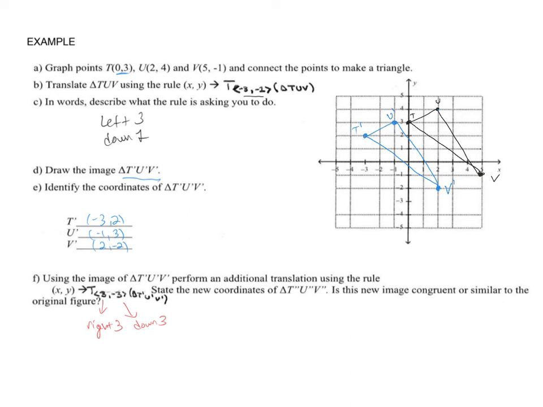So here's T double prime, U double prime is here. Remember, you're going from U prime to U double prime. You're not going from the original image. Then V prime, we're moving from here. We go to the right 3 and down 3. And here's V double prime.